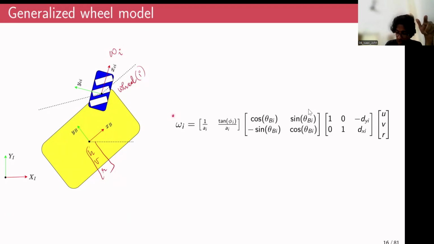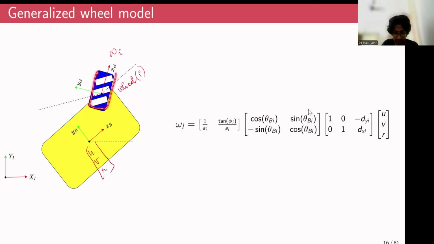You can use this expression to derive that mapping between u, v, r and omega i. There are some parameters: a_i is the radius of the wheel, phi_i is the angle this passive roller makes with this y_ci axis, and theta_bi is the steering angle.